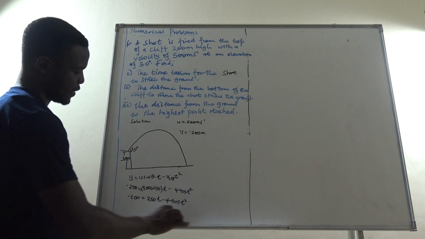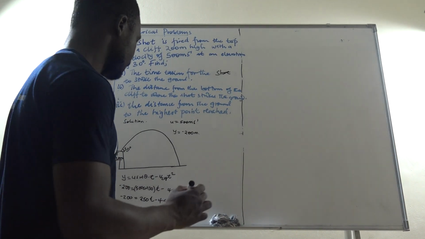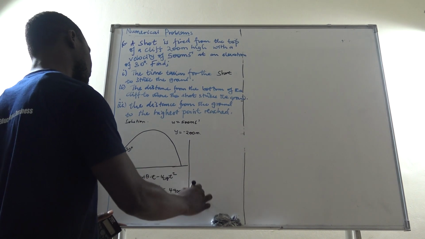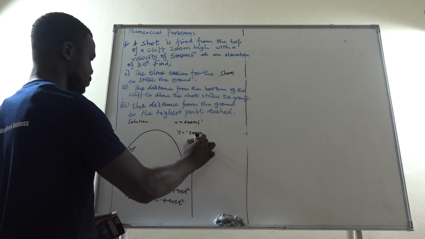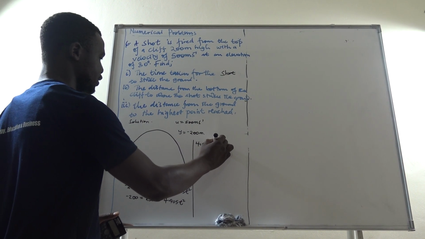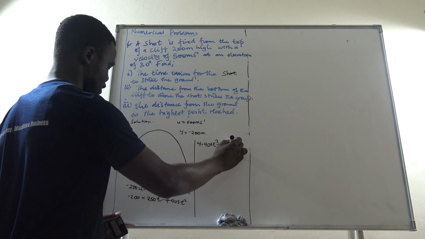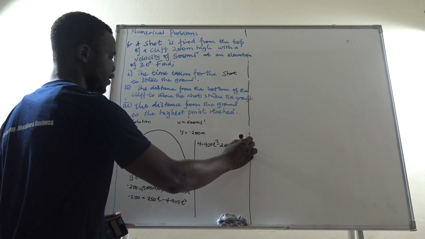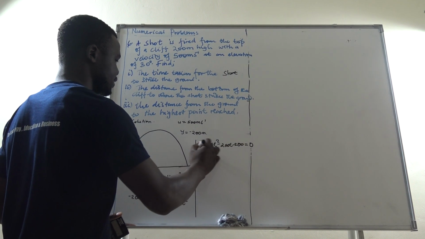Now let us form a quadratic equation from this. When this crosses the equal sign, it becomes positive: 4.905 t squared minus 250t minus 200 is equal to 0.